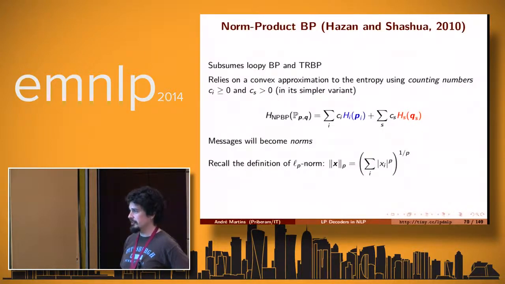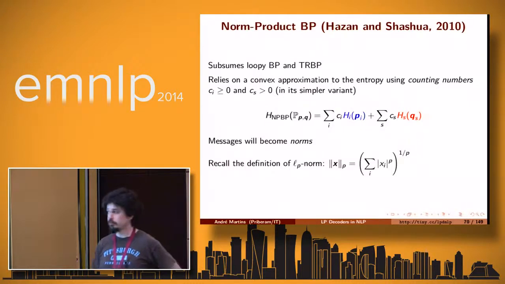This is the definition of an Lp norm: summing each entry in absolute value of x, raising it to p, and then exponentiating the sum to 1 over p. If p is 2, this is just the standard Euclidean norm. If p is 1, this is the L1 norm. If p is infinity, this is the maximum component of x in absolute value. But in general, you can use any value of p greater than or equal to 1.